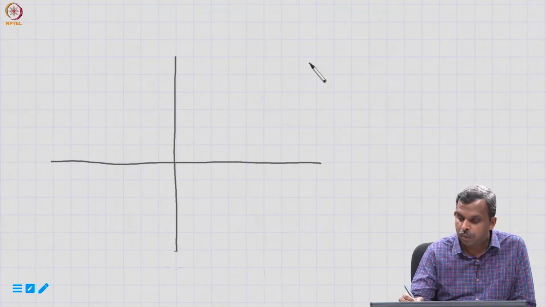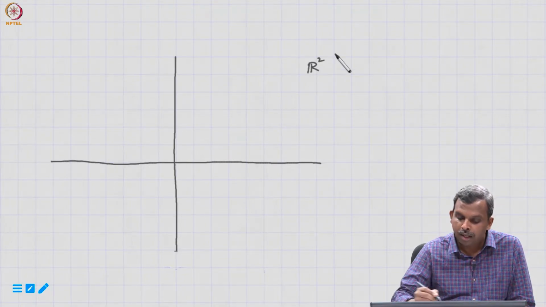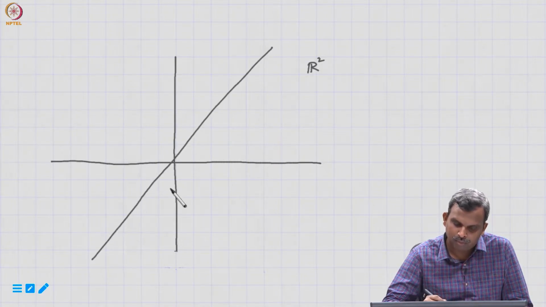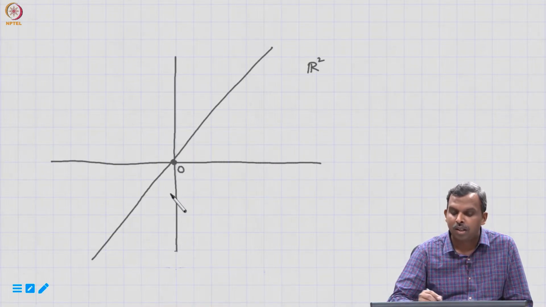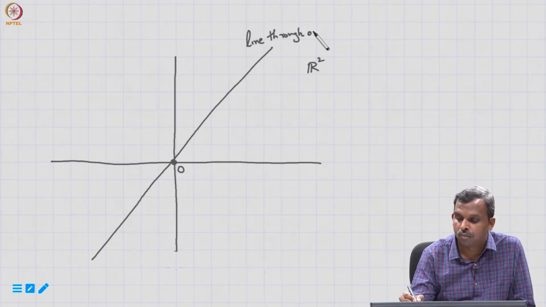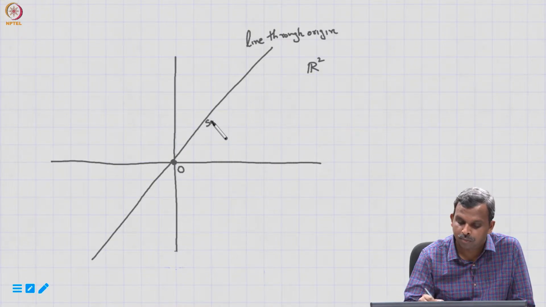So this is R2. Any line through the origin is a subspace.